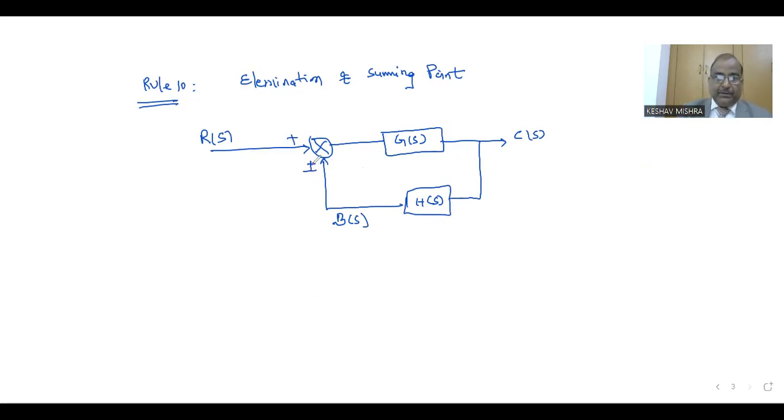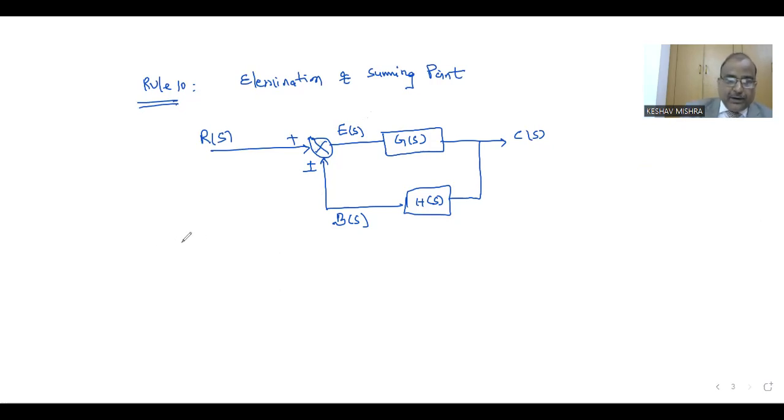This could be positive or negative. As per the requirement, we will take either positive feedback or negative feedback. So this is basically a comparator. This will produce the error signal ES. This will compare the reference input and the input coming from this feedback path. So this ES is the error signal.